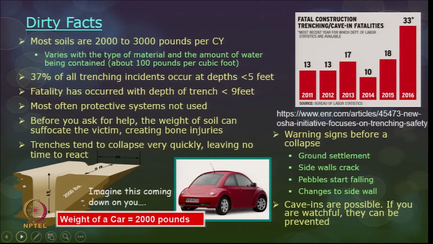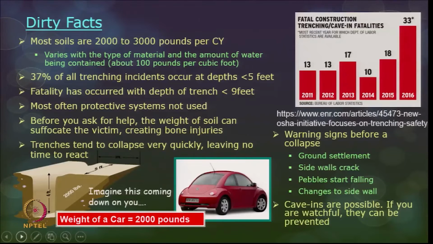The weight of the soil depends on the type of material, the amount of water and air contained in it, and the compaction levels with which it has been disturbed earlier. All these are inclusive of the weight of the soil. Now, how is this soil falling on a worker linked? A cubic yard of soil is equal to the weight of a car.